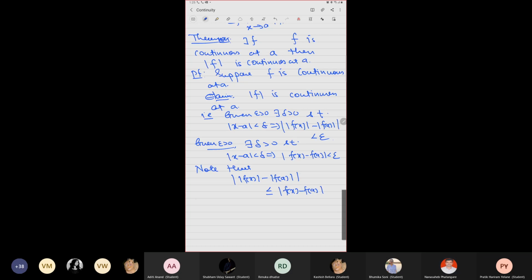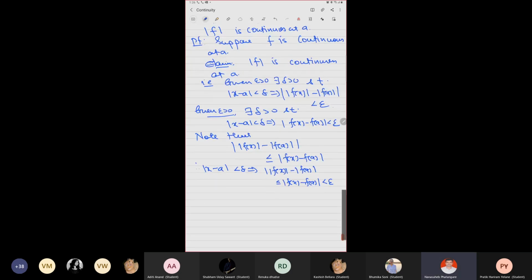Therefore, if the distance between x and a is less than delta, then the distance between the absolute values is less than or equal to |f(x) minus f(a)|, which is less than epsilon.